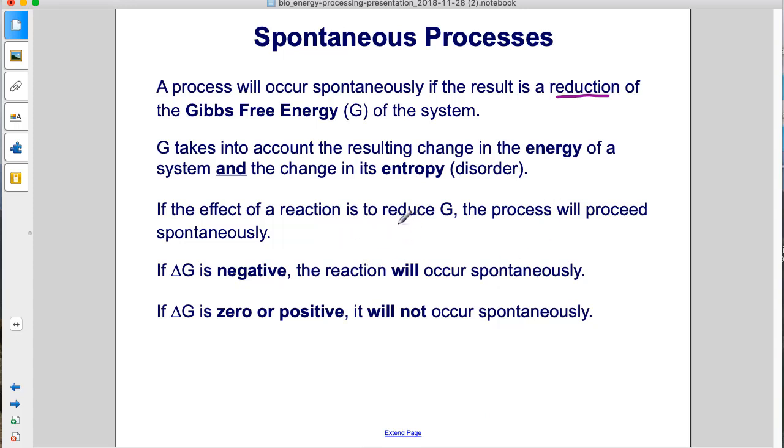If the effect of the reaction is to reduce Gibbs free energy, the process will be spontaneous. If a change in Gibbs free energy is negative, it will occur spontaneously. If the change in Gibbs is zero or positive, it will not occur spontaneously.